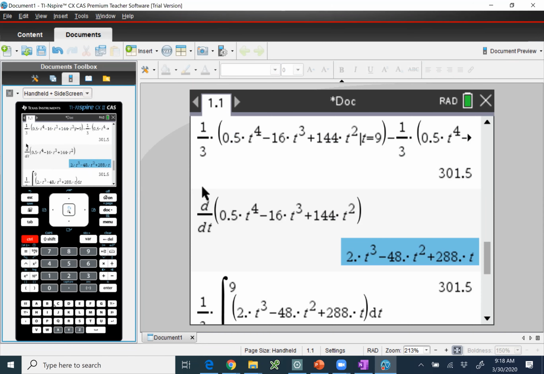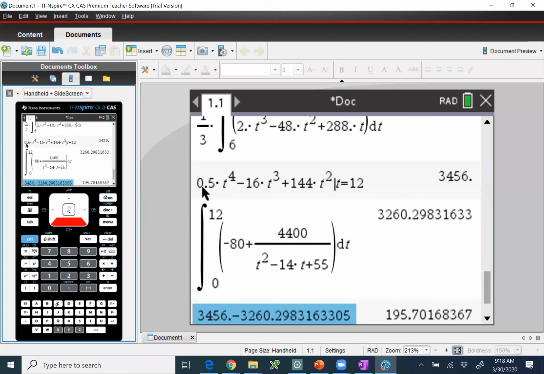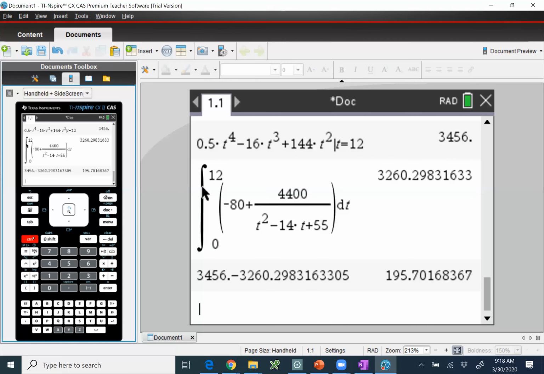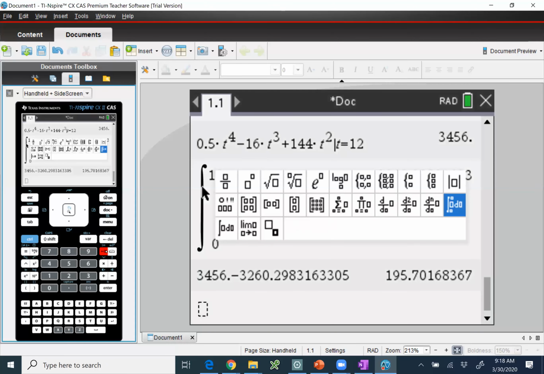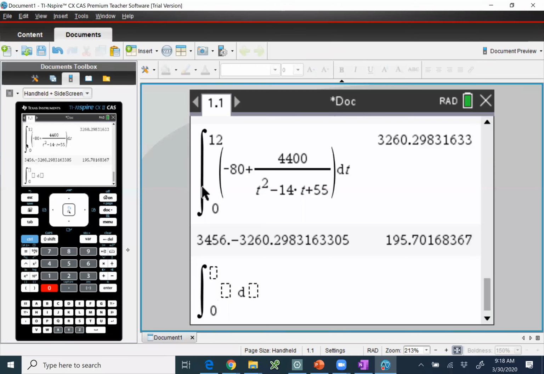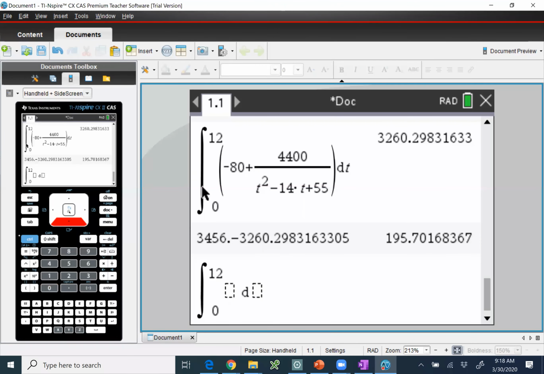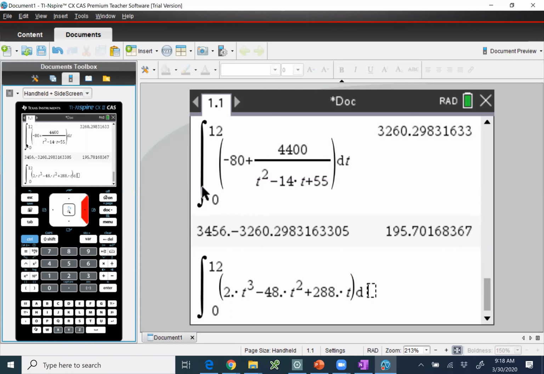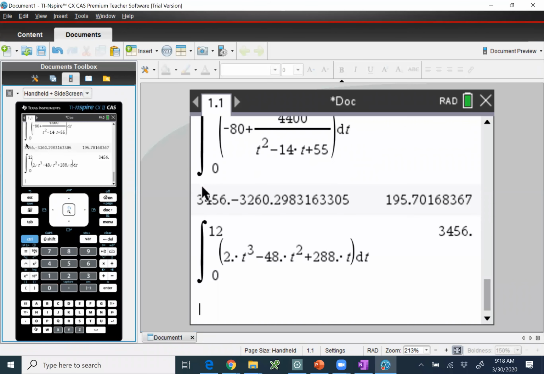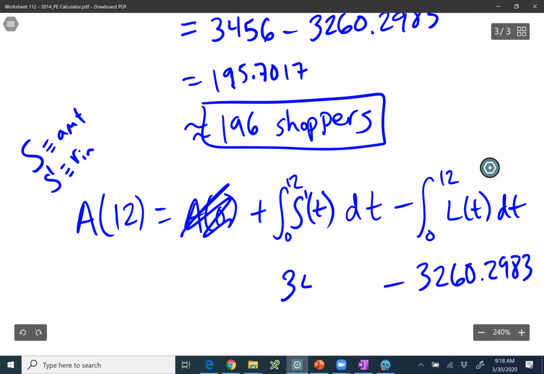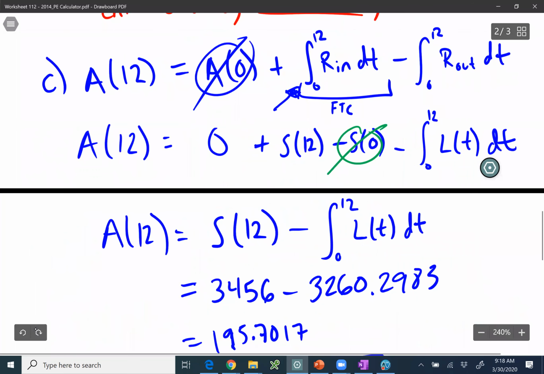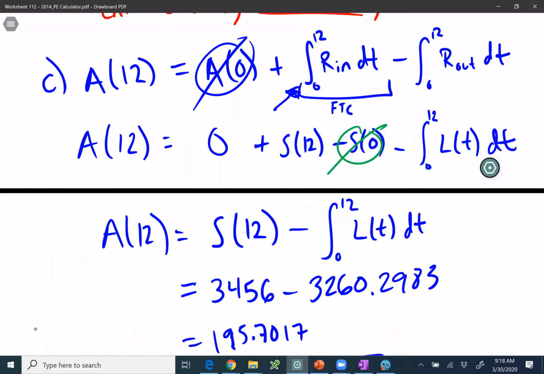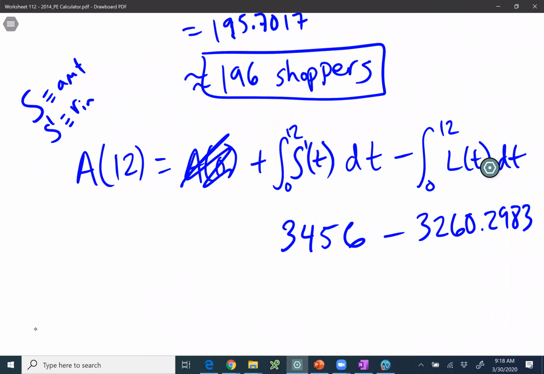So if we copy this, all we need to do new would be to take the integral from 0 to 12 of what we copied, dt, and you actually get that same 3456 that we had. So a lot of times with FTC, not always, S of 12 minus S of 0, you could do it the other way of actually taking the derivative.